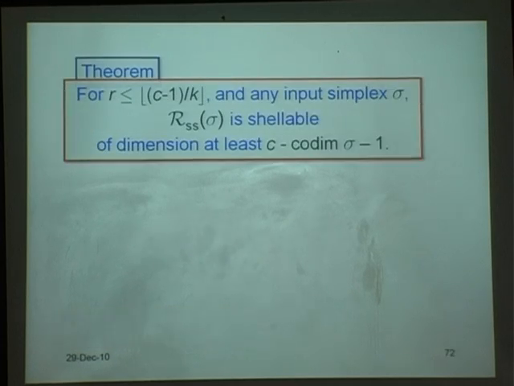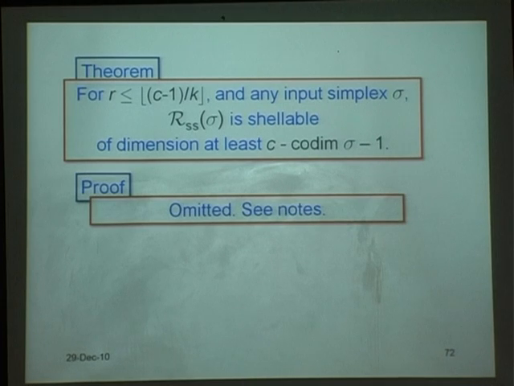And here the theorem is that for r less than this quantity, for this many rounds, the protocol complex is shellable of a dimension at least this.